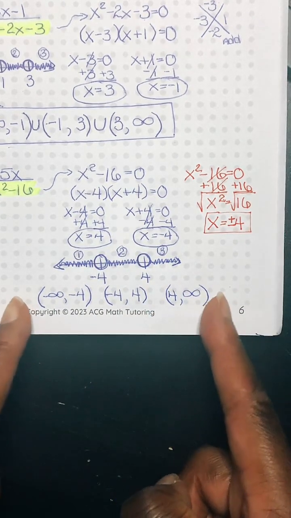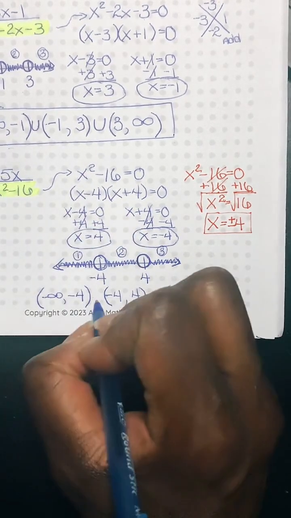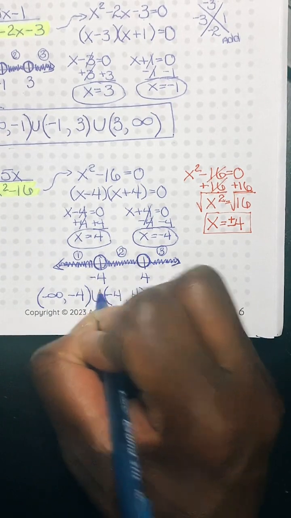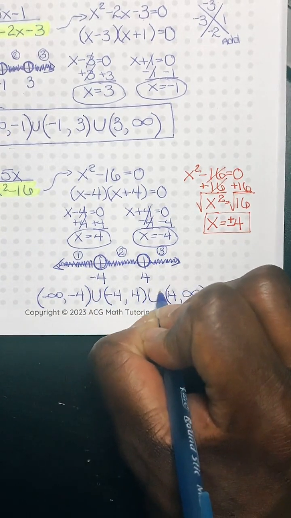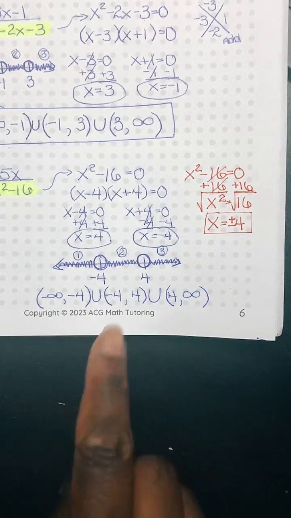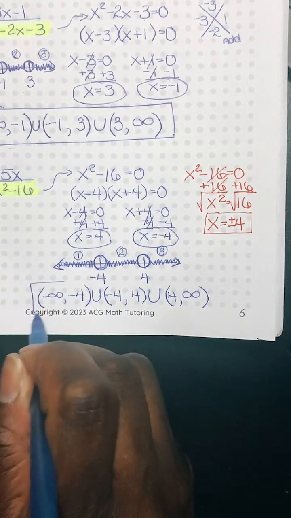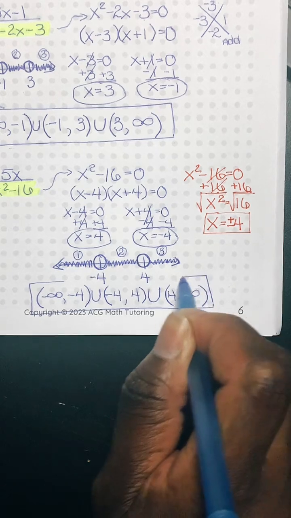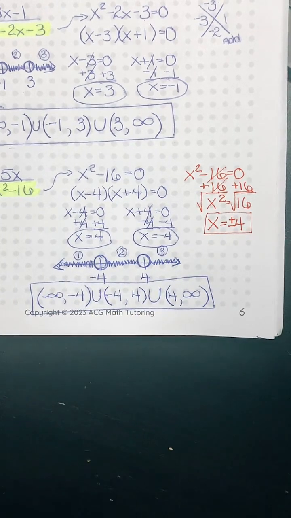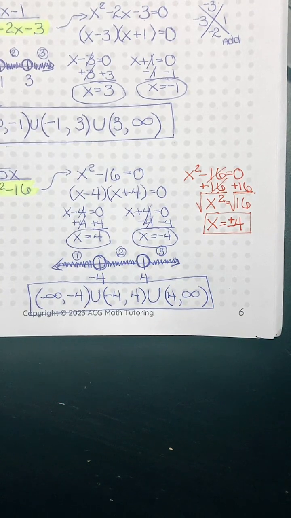So in order for me to bring it all together, to unionize it, I need my union symbol. Okay? The U without the little tick at the end. And this is how you show your domain for rational functions. Okay? How we feeling?